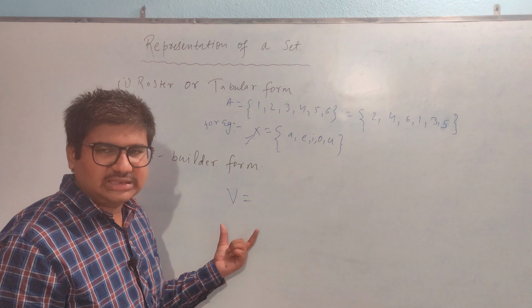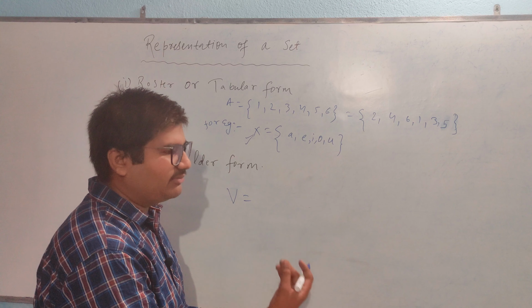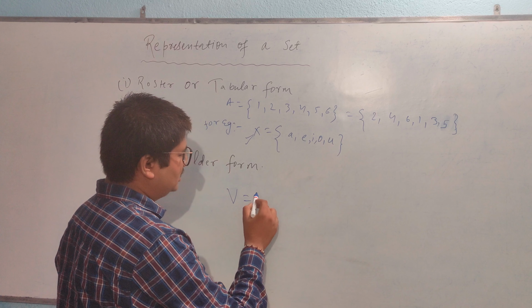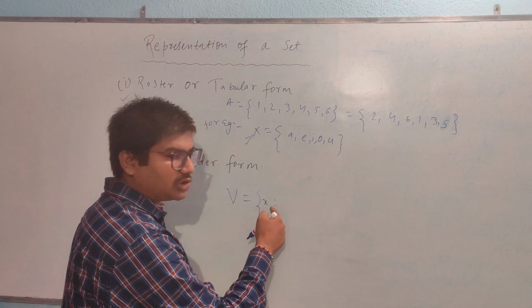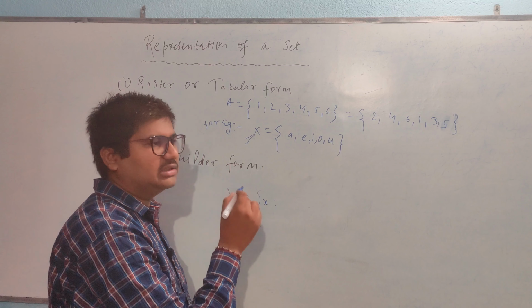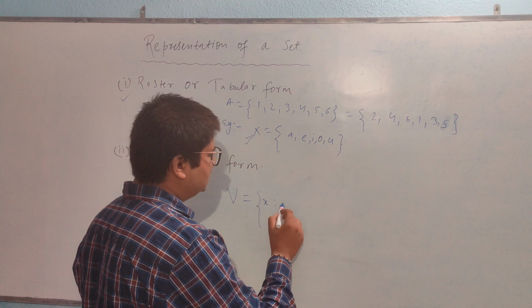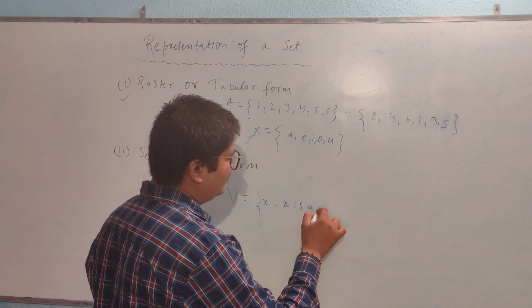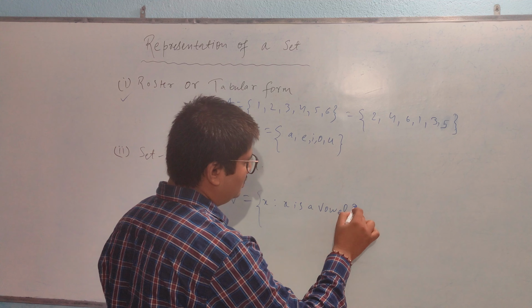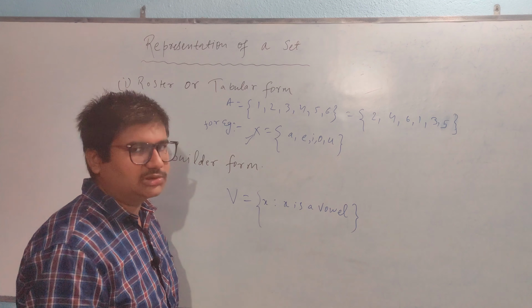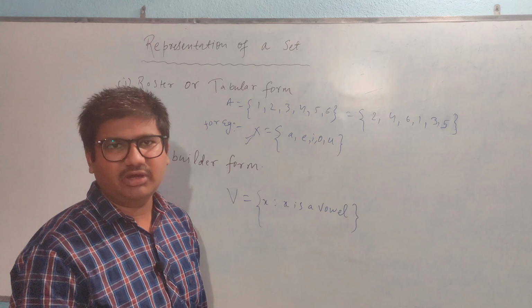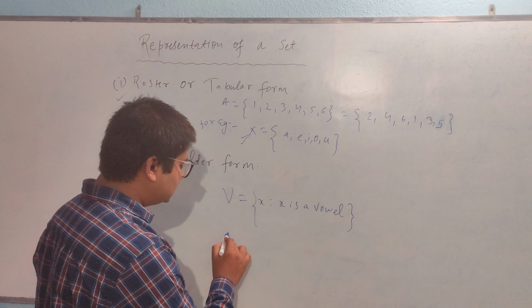Suppose V is the set which represents the vowels of the English alphabet. So it would be like this: x and two dots. These two dots are read as such that: x such that x is a vowel. We can represent it like this. Or suppose we are representing the even numbers, suppose E is a set of even numbers.